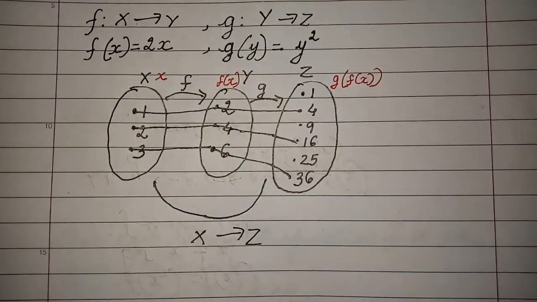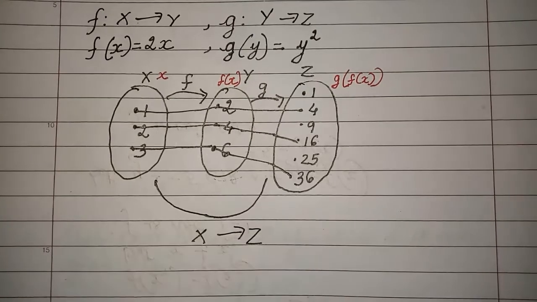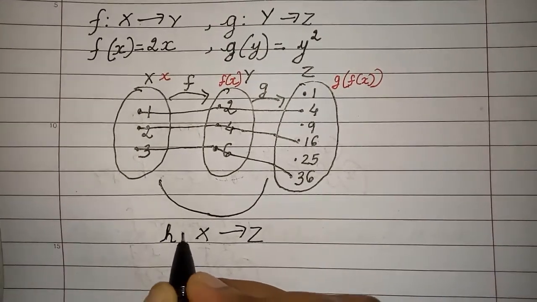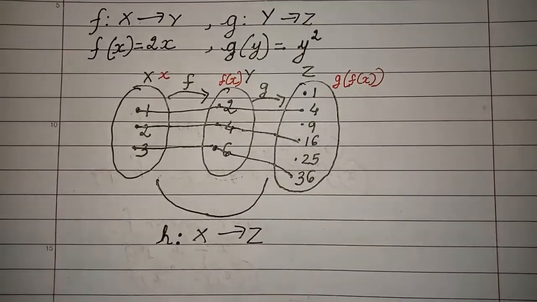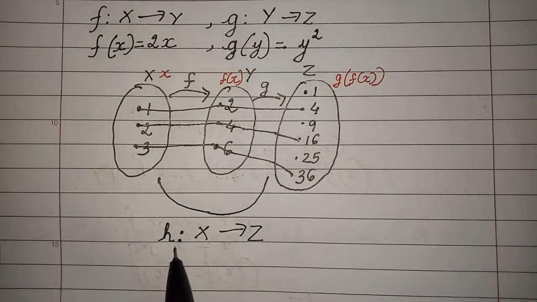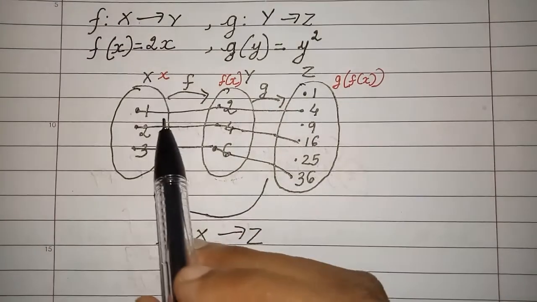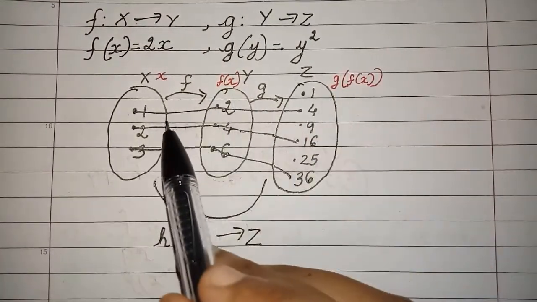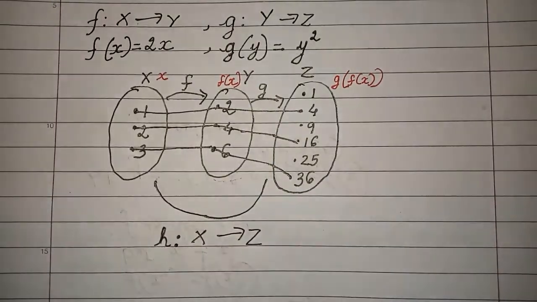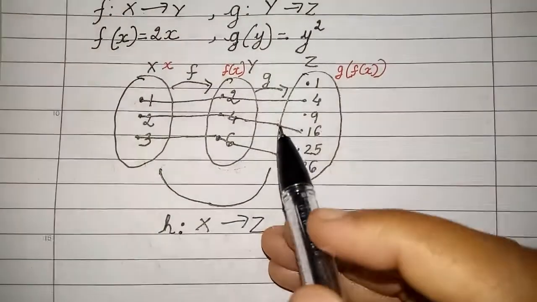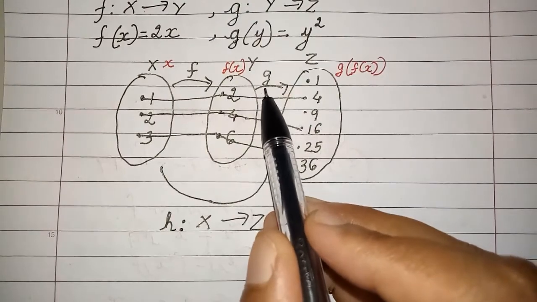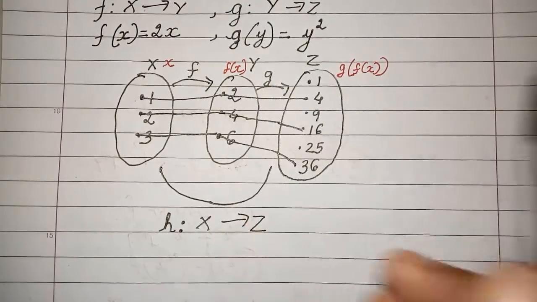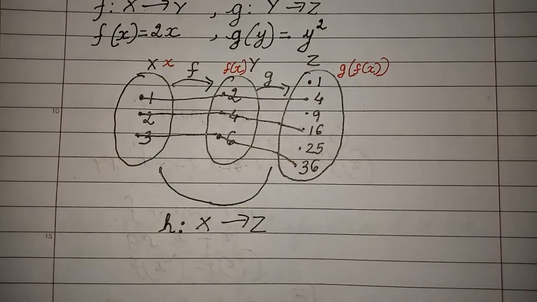That means my new function, say if I name it h, children, this h is nothing but the composition of functions f and g, because the functions f and g are composed here. Actually what is happening here is that x is becoming f of x, and f of x is becoming g of f of x.